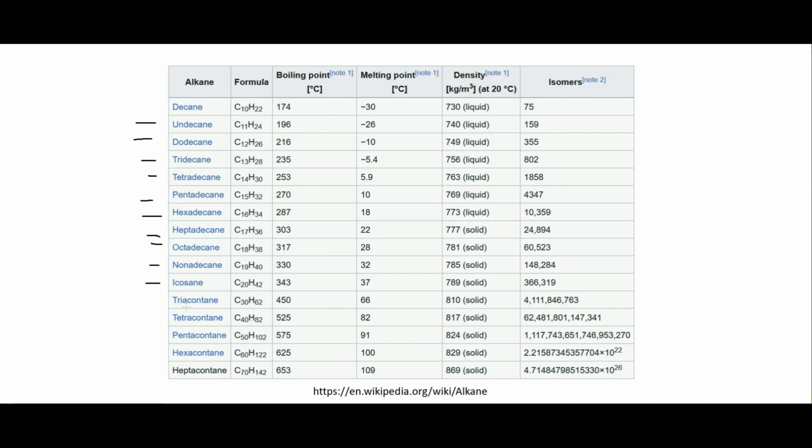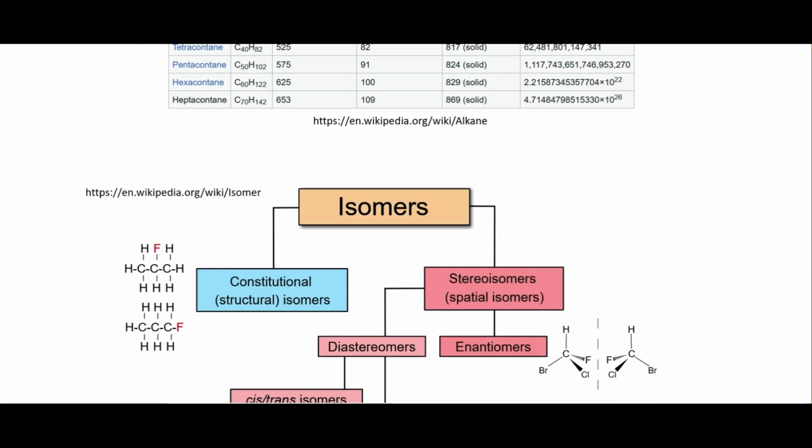So triacontane, tetracontane, pentacontane, hexacontane, heptacontane. We see the number of isomers starts increasing dramatically, and that's because there are just so many different ways you can start arranging the different carbon atoms, binding them to different parts or different carbons and so forth.